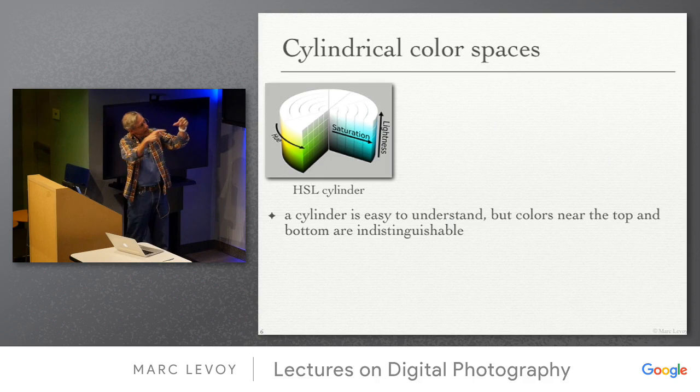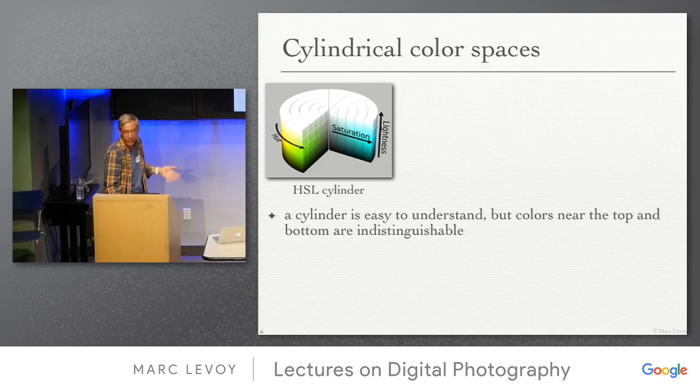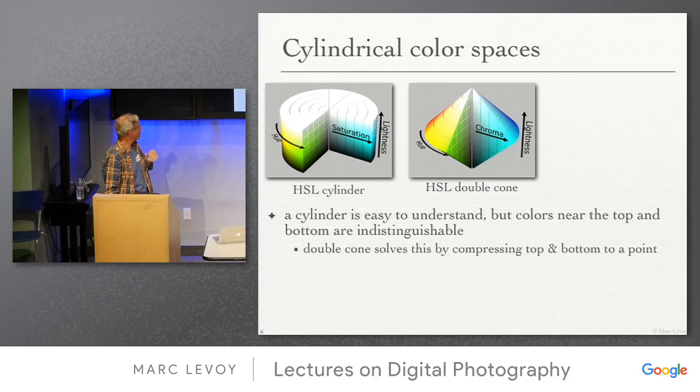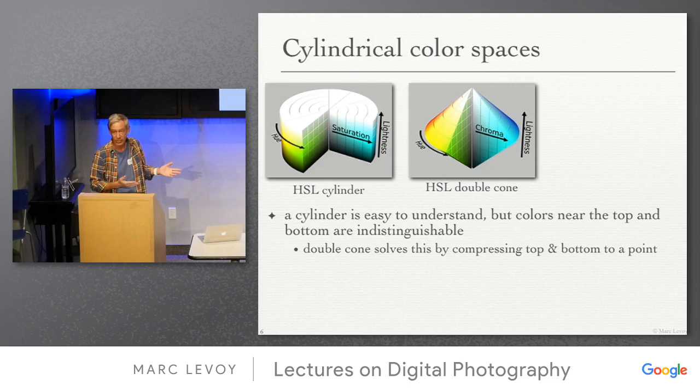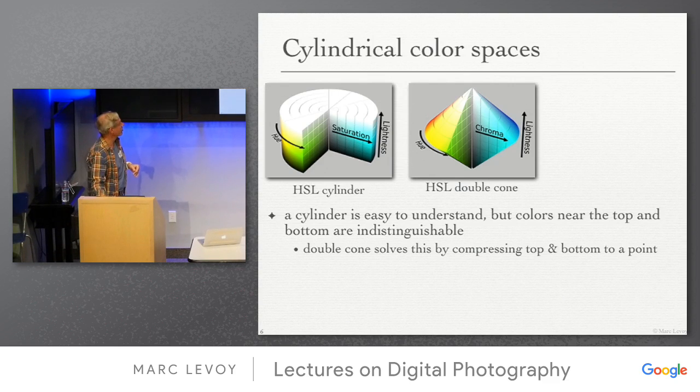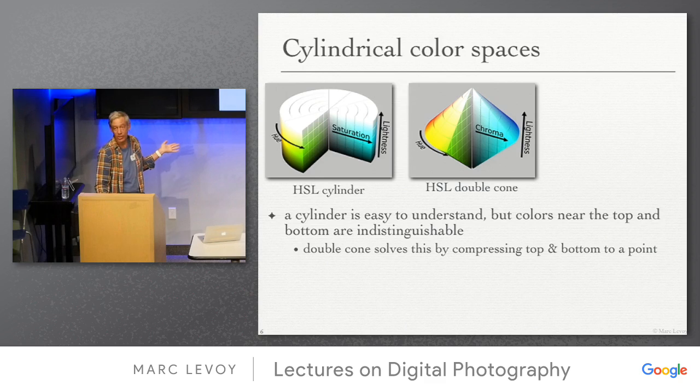So could you pinch in the top and pinch in the bottom? Well, sure, because it's an arbitrary transformation on this three-dimensional color space, just some math. And so here's another representation of the same. It's still a cylindrical coordinate system, but we've applied an additional transformation to pinch that in. And that's called the HSL double cone.